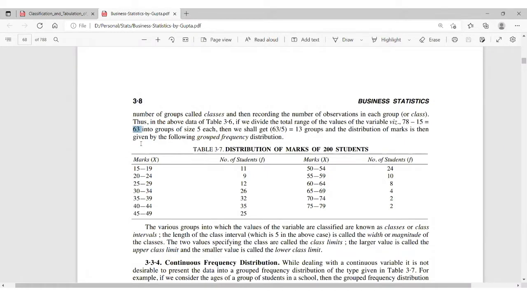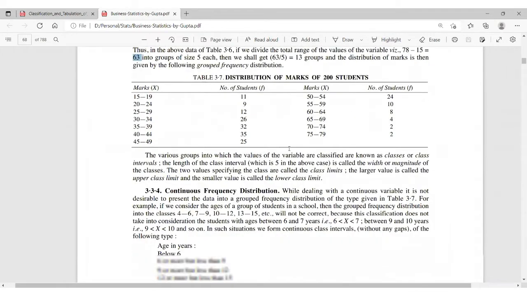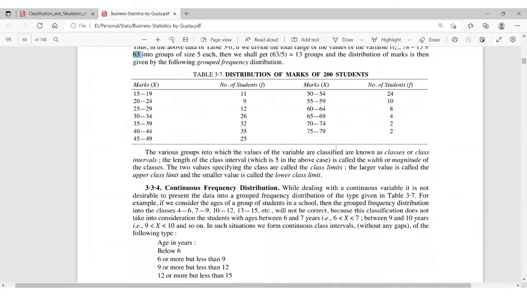So your size must be 6.3, right? 6.3 is very odd, so you estimate it to either 6 or 7. So the approximate number of groups comes to be either 11 or 9. So we can do this from our wish, whatever we want, right?